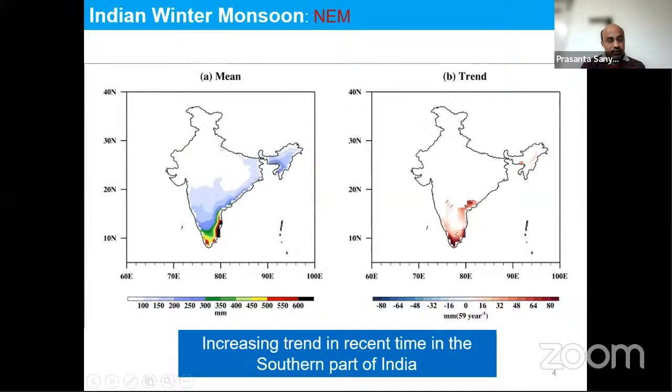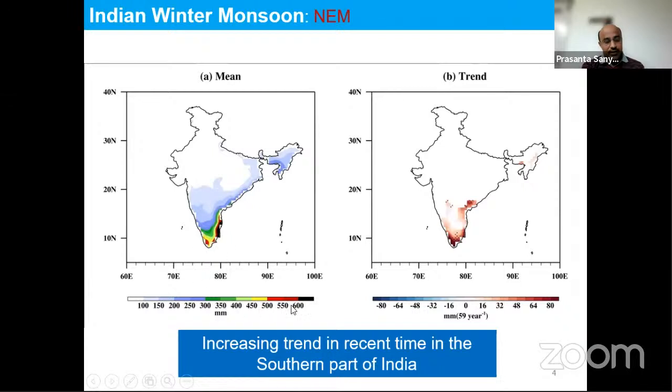Similarly, if you see the Indian winter monsoon, in this map you can see the spatial distribution of the northeast monsoon, that's the winter monsoon. Here you can see that the winter monsoon causes rainfall mostly in the southern part of India.